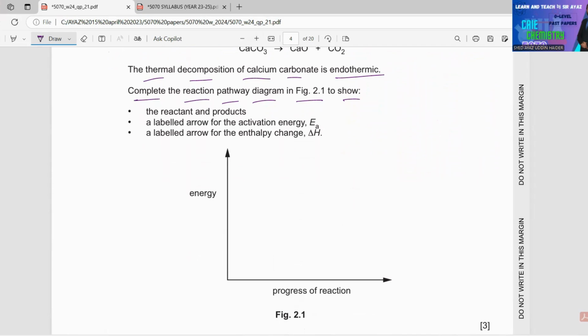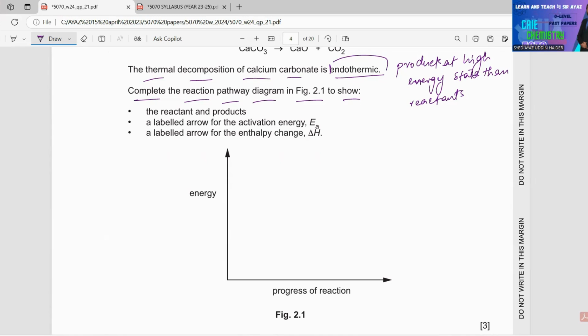So for the endothermic reaction, the product must be at a higher energy state than the reactant. So the reactant must be at the low energy state.